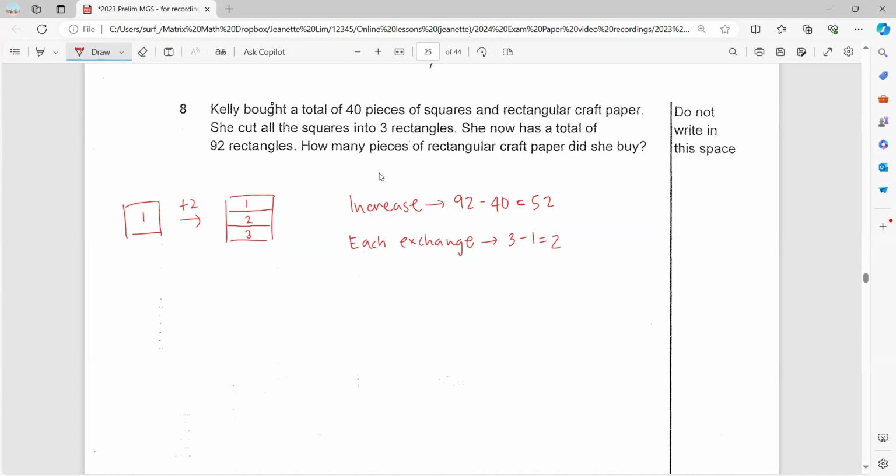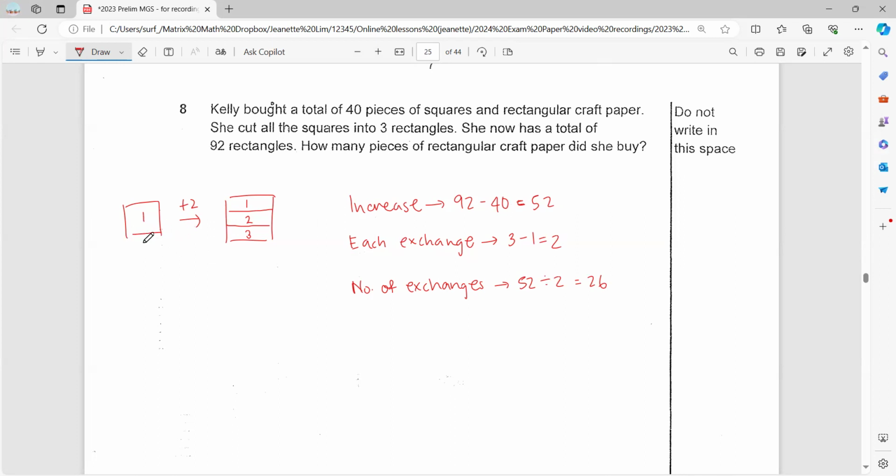So if there is a total increase of 52, then the number of exchanges that happened would be 52 divided by 2, 26. So this happened 26 times.